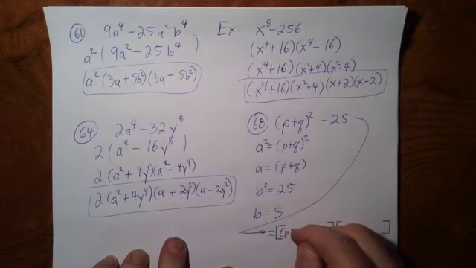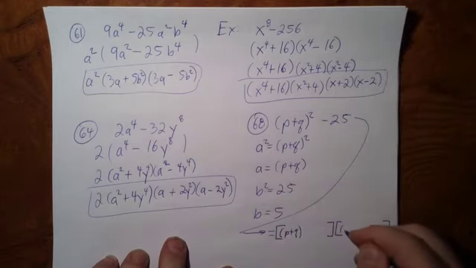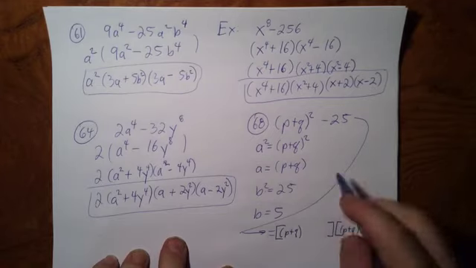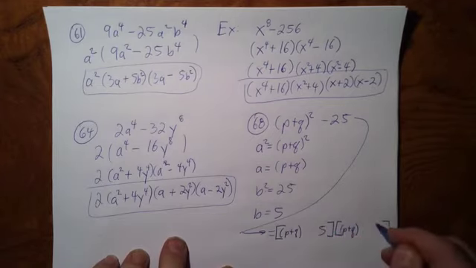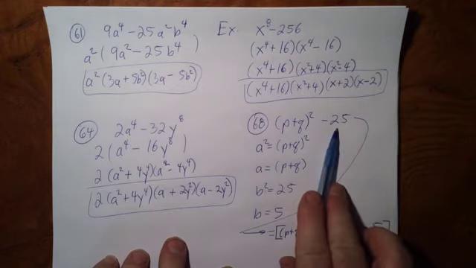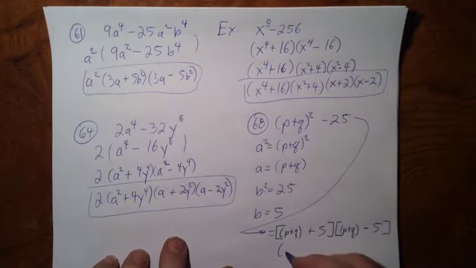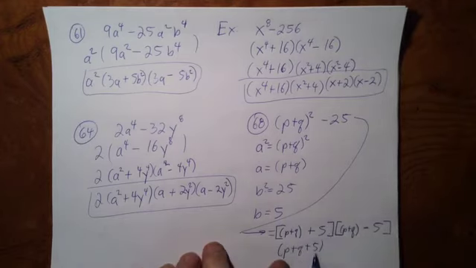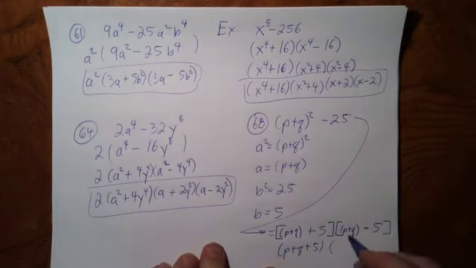This is going to be P plus Q, P plus Q. We're going to have 5 for B, 5 for B, and here we're going to have a plus, here we're going to have a minus. So we can write the factors of this as P plus Q plus 5, where this compacts into this, times P plus Q minus 5.